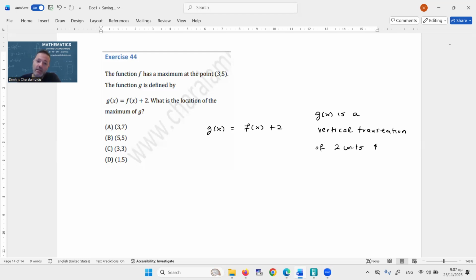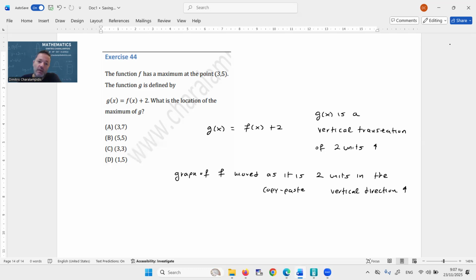This means that the graph of f moved as it is, I call this copy paste, 2 units in the vertical direction, 2 units up.